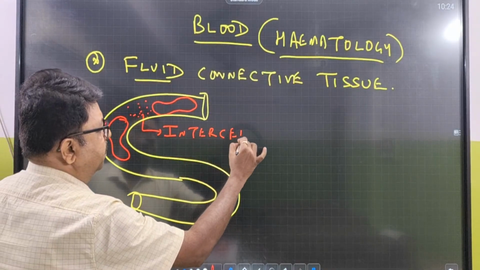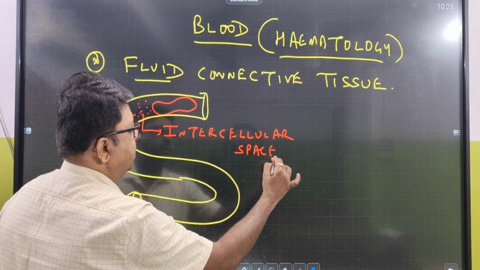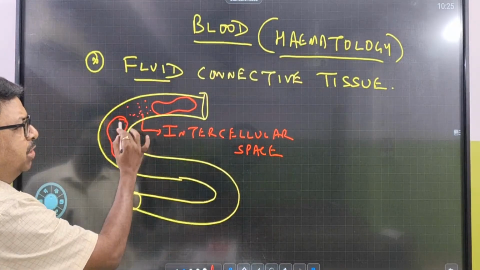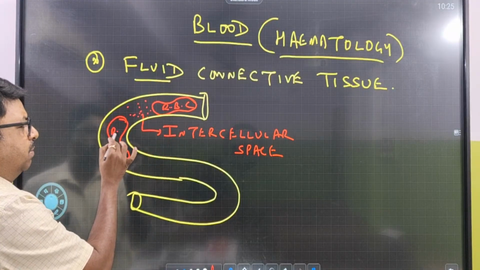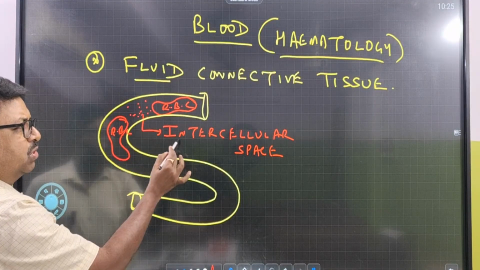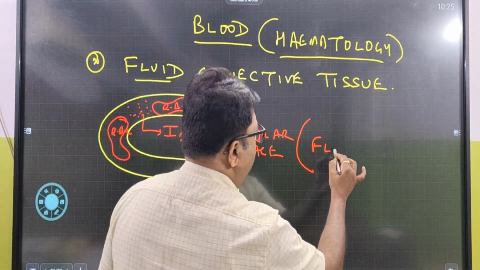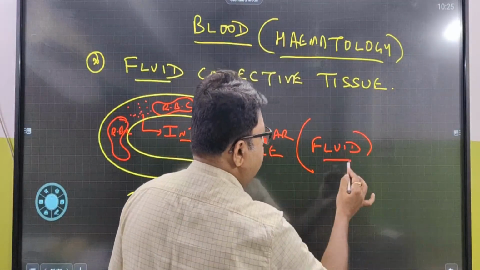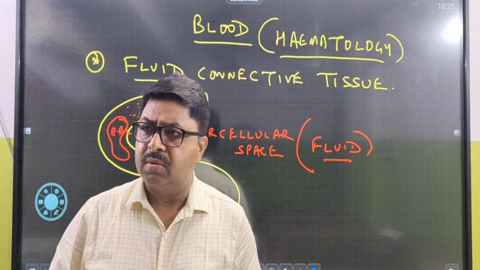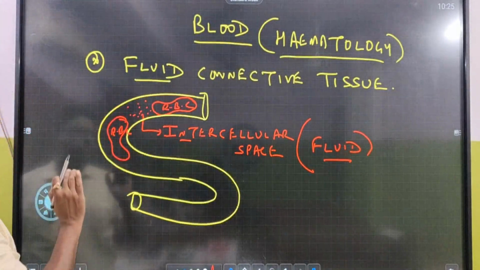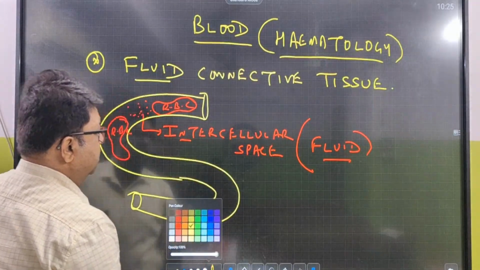And this intercellular space is huge between two RBC. The more the intercellular space, the more the chances of it to become fluid in nature. Any issues? So blood is a fluid connective tissue.